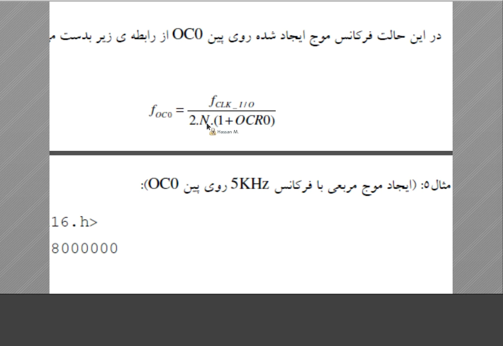N is the prescale. For example, by clock select, we say clock, or clock divided by 8, divided by 16, divided by 64, divided by 256, or divided by 1024. This is prescaling, slowing the speed of the clock.